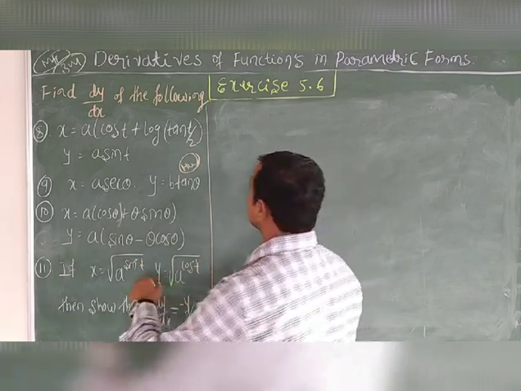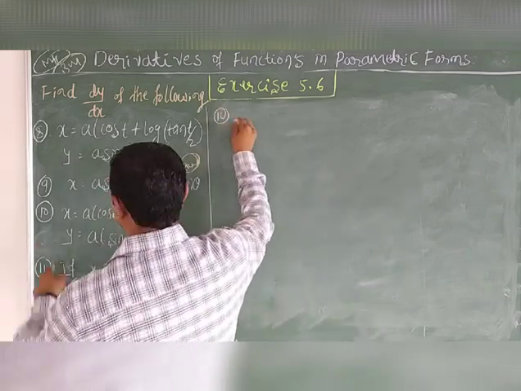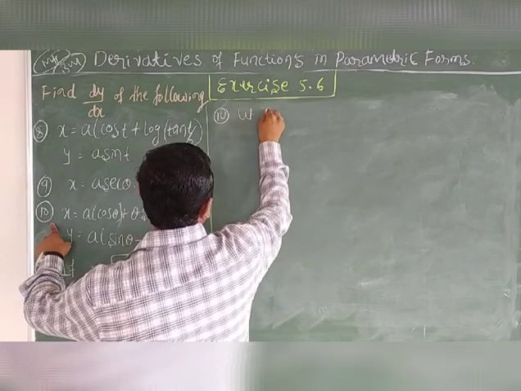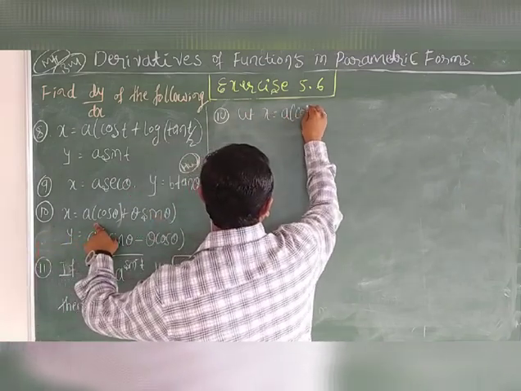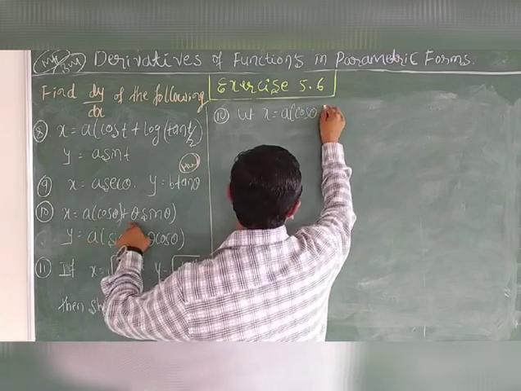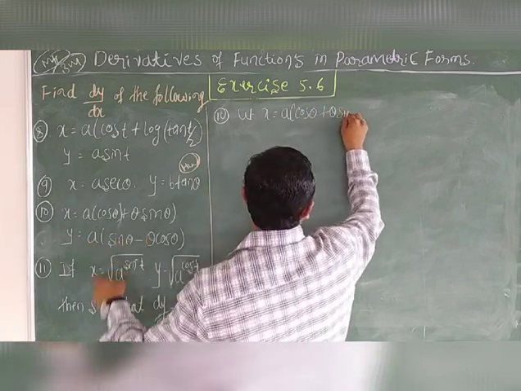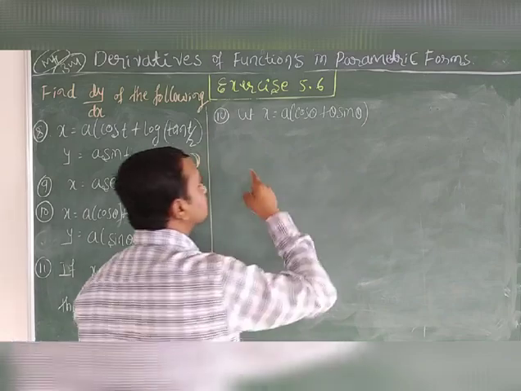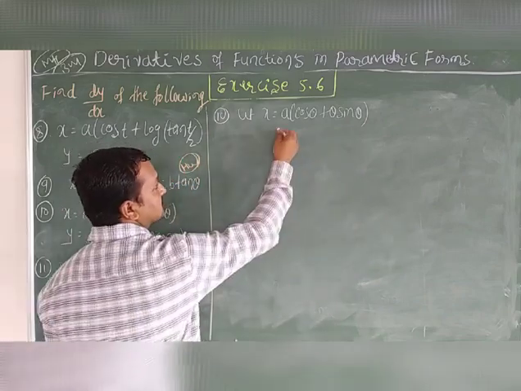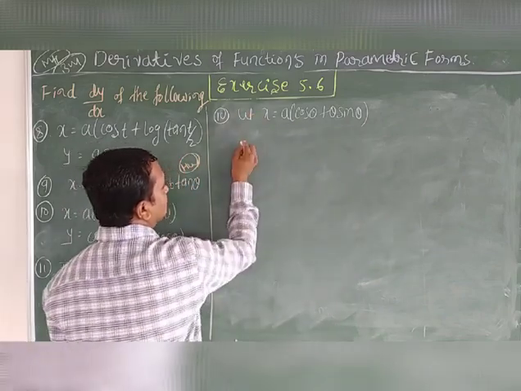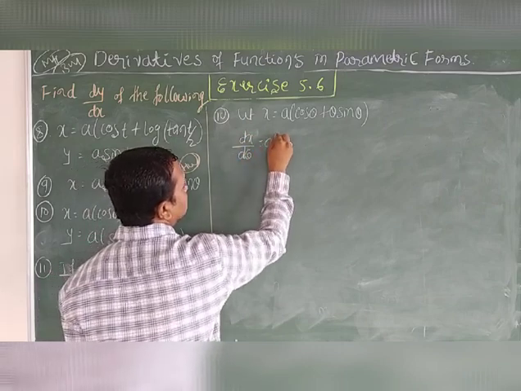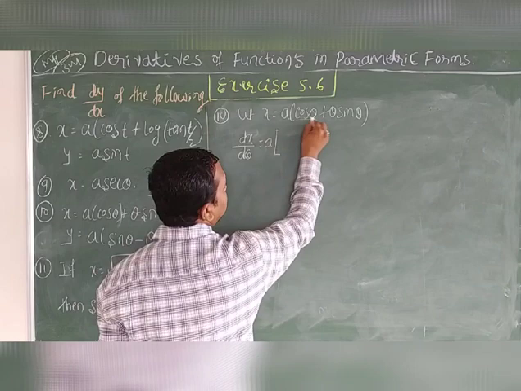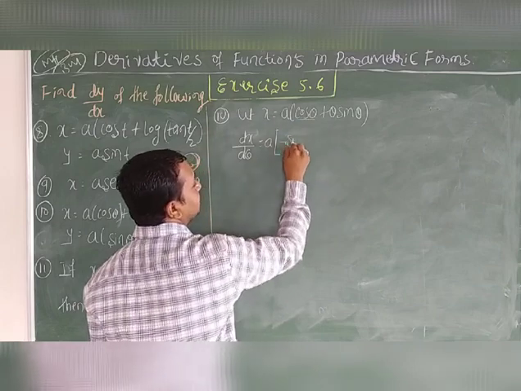Okay, the 10th one I can solve. The 10th example, what is that? Let us consider x is equal to a in the bracket cos theta plus theta sin theta. This is a multiplication term. Then I can write dx by d theta equal to, take a as common here. The derivative of cos theta is minus sin theta.